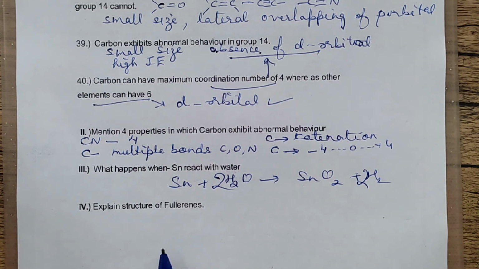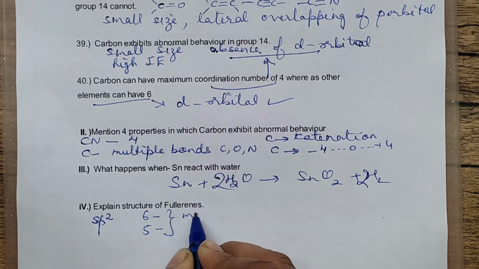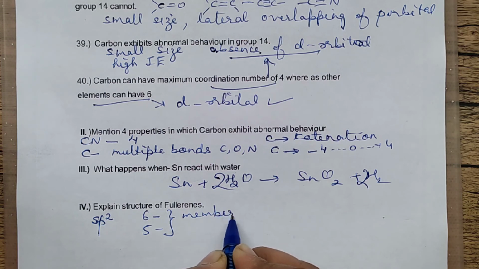Now, in this you can talk about the hybridization. Hybridization is sp2. There are 6-membered rings and 5-membered rings.